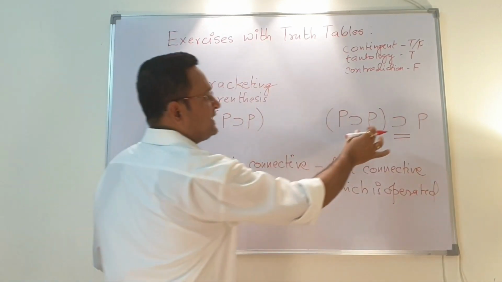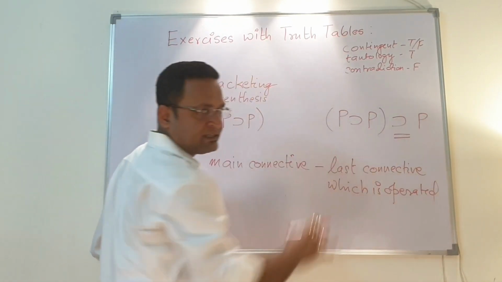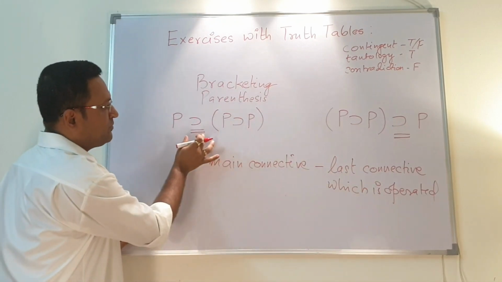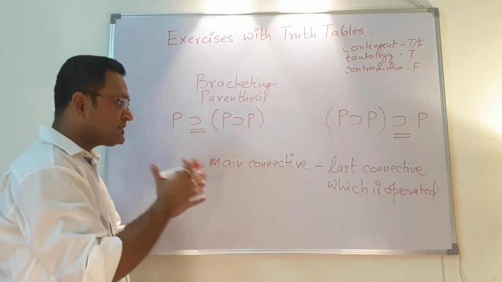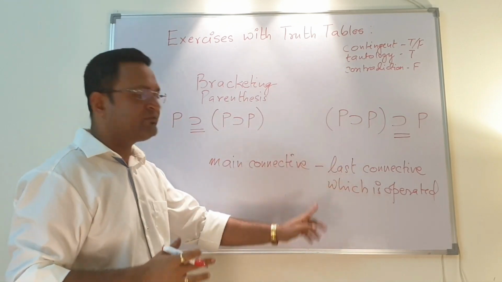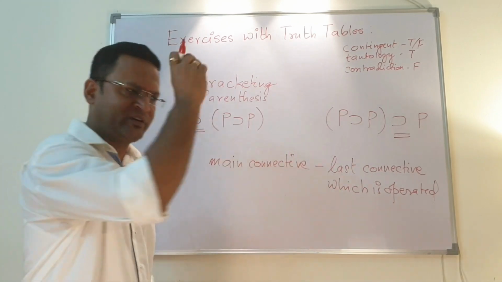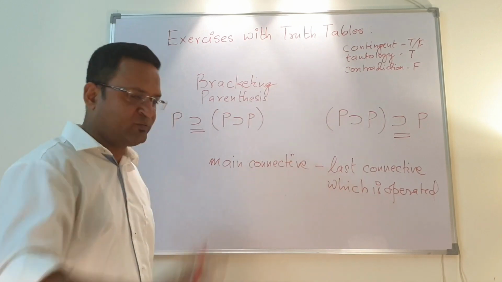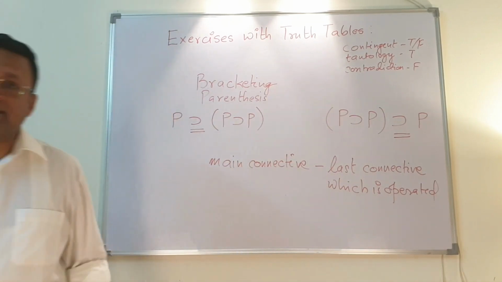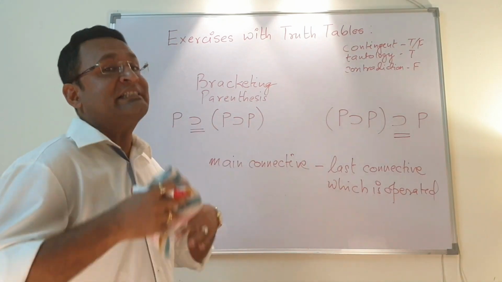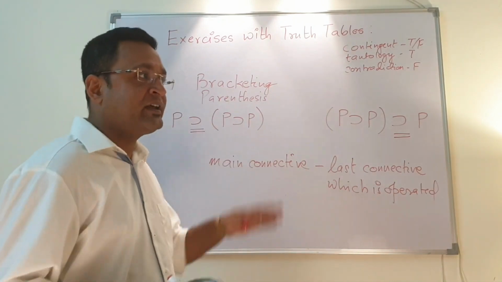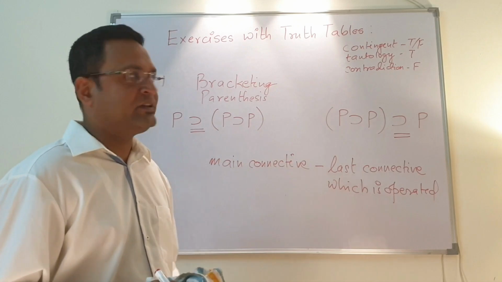So you see that the last thing which is going to be operated is here, and the last thing which is operated in this expression is here, right? So this is the main connective, that is the last connective which is operated. In very layman terms; you can always see the definition in the book. That's not going to be a problem, right? You need to understand the concepts clearly so that when you are making a logical decision, it is the correct decision as per the understanding of this part of the logic.